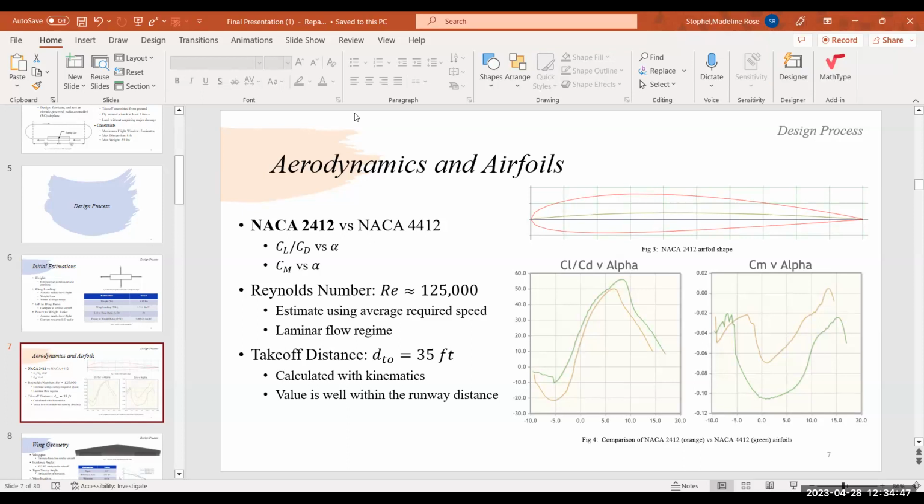Yeah, so the plot shows that your CL over CD is higher for the 4412. And if I remember correctly, the moment coefficient should be more negative for static stability. So was it just a packaging constraint or manufacturing constraint?